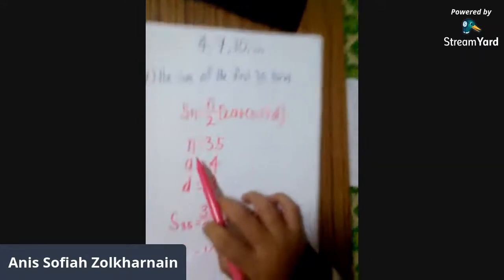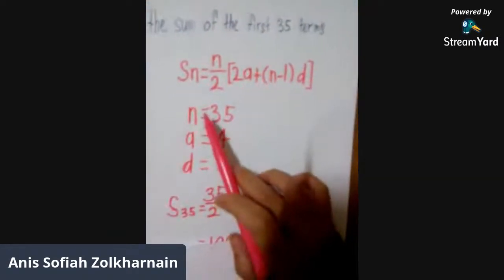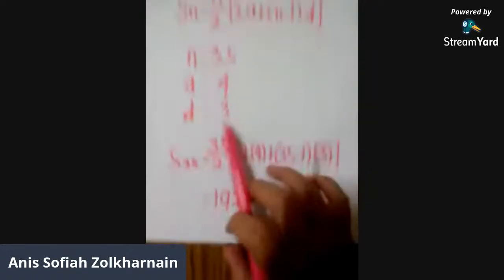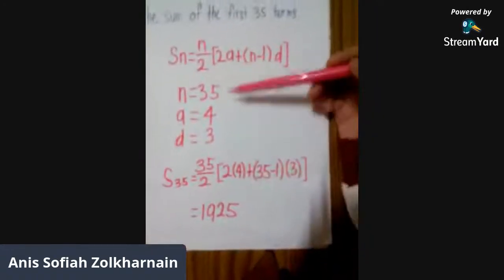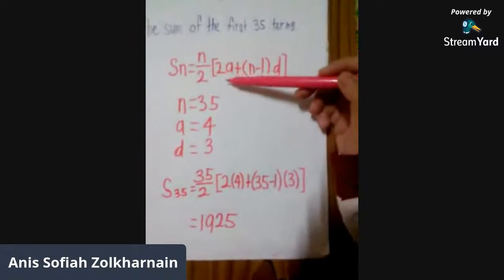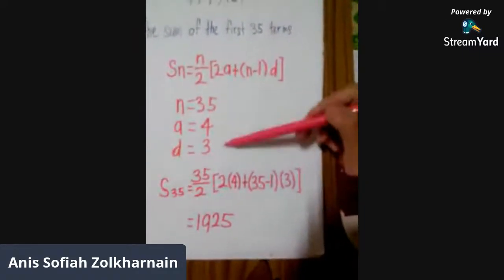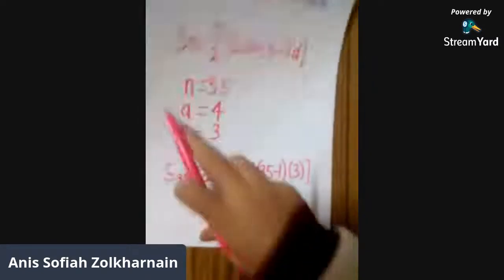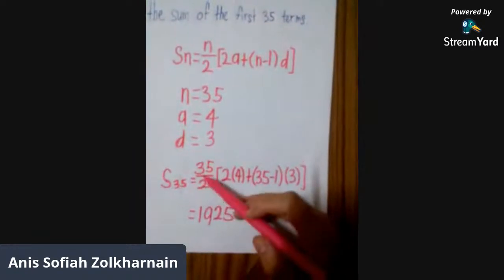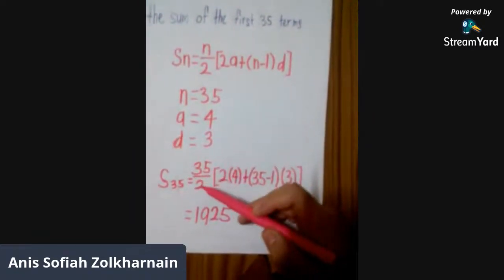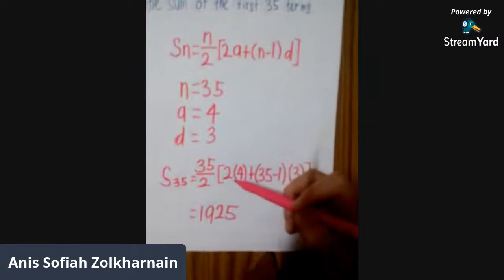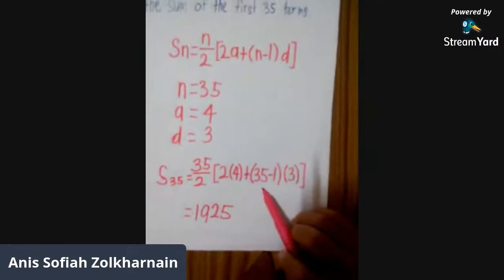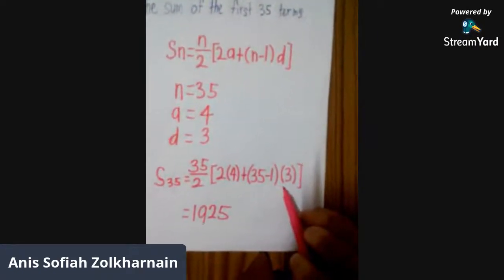So we have all the values needed to substitute into this formula. Lastly, we just substitute the values of n, a, and b into the formula. So we get S35 equals 35 over 2 in bracket 2 times 4 plus 35 minus 1 times the common difference b.